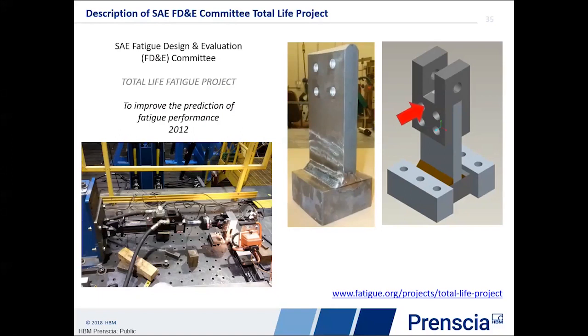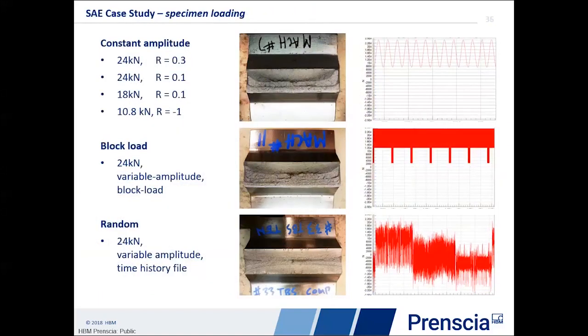So they have really characterized this component to a great deal, and then have taken these welded and non-welded specimens and run them through a wide range of loading types, some of them being constant amplitude loads with different ranges of R ratios, looking at tension, compression. They've looked at block loading, looking at how underloads would affect the crack growth, and then have run actual full time histories of random loads through this as well.